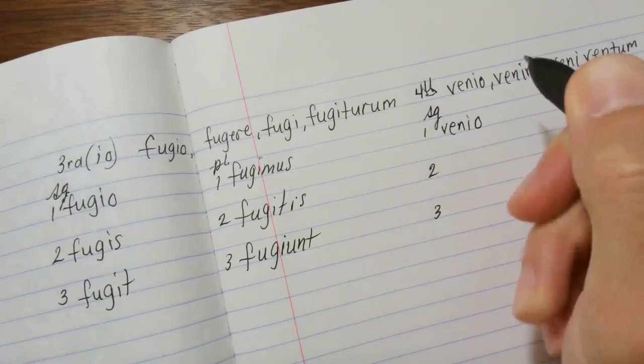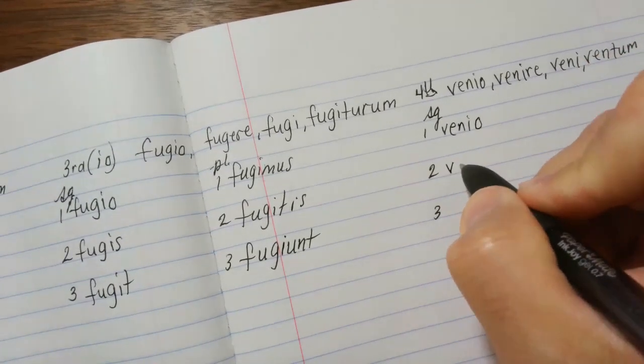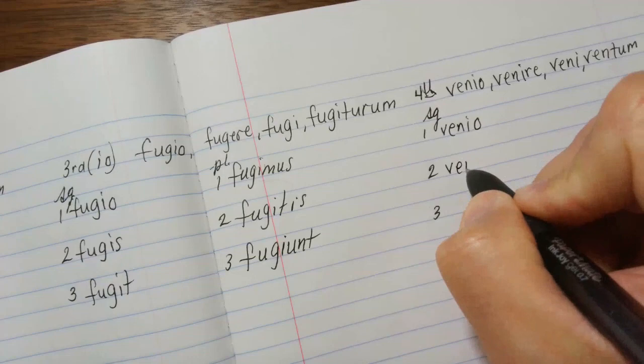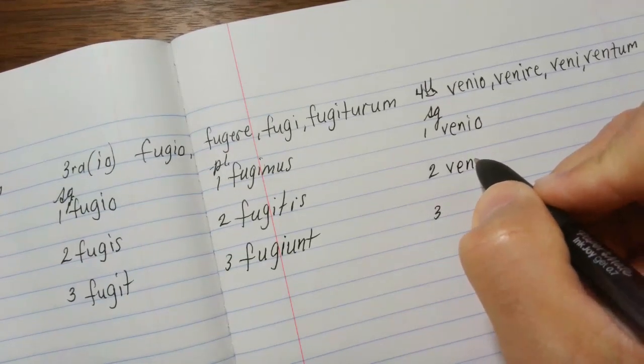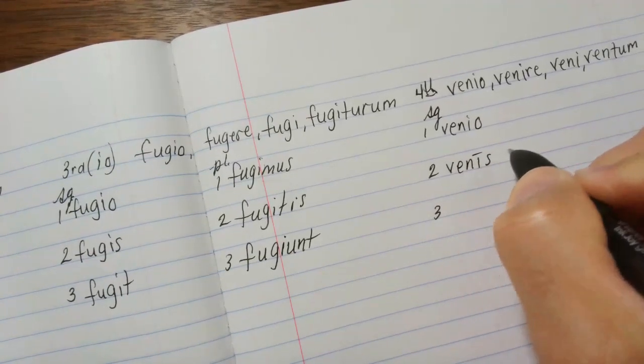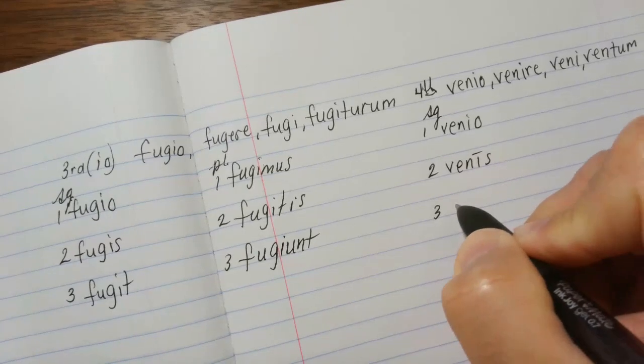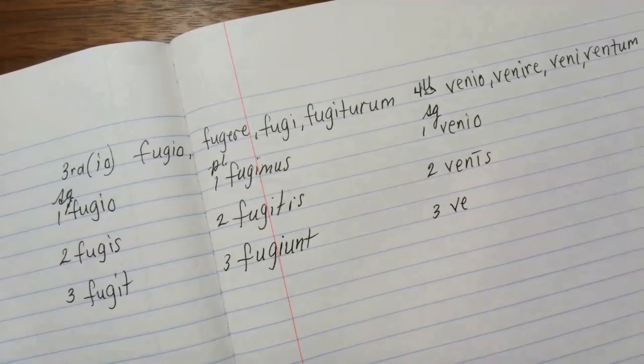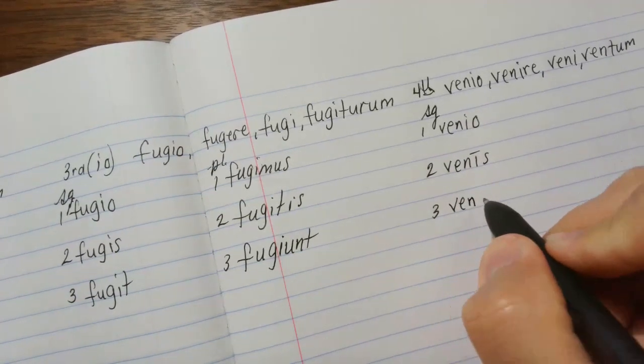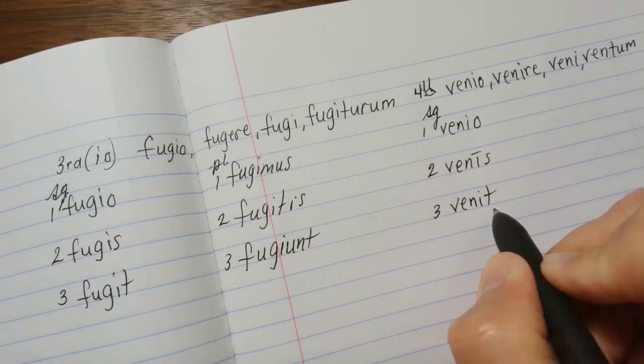All right, so we have venio. Now we're going to keep this I, but remember it's going to be long because he's strong. Venis, okay, and then venit. Now it's short there because of the T.